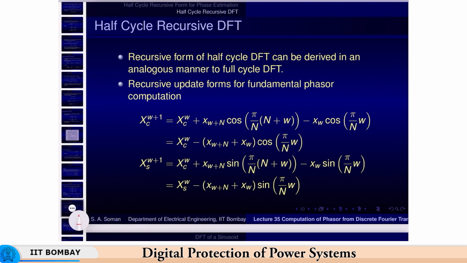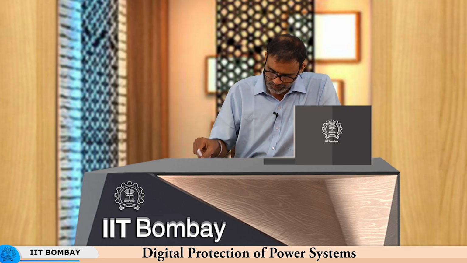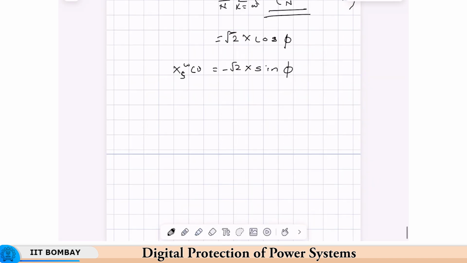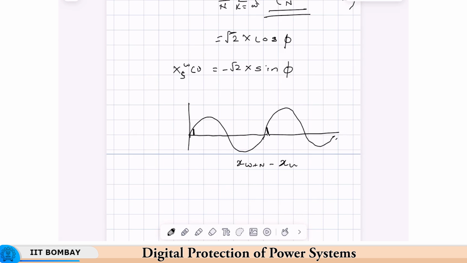But here what happens is if you see the full cycle algorithm, okay, this is one full cycle and I am just drawing. So, this sample and the one sample after n, which comes after n samples, will be identical. So, that is why we said x of w plus n minus x of w.